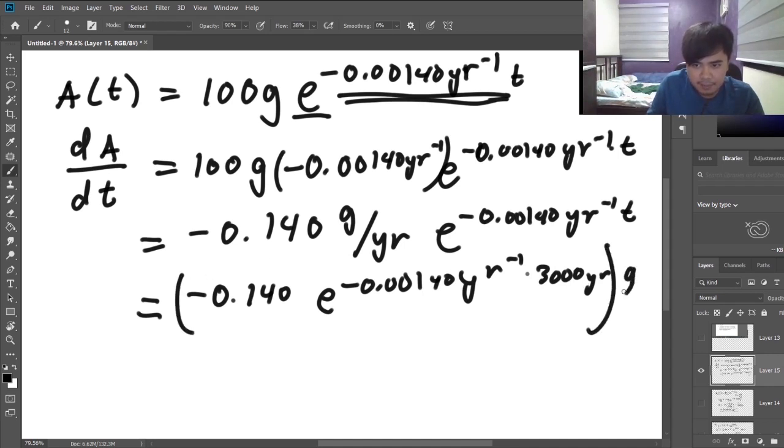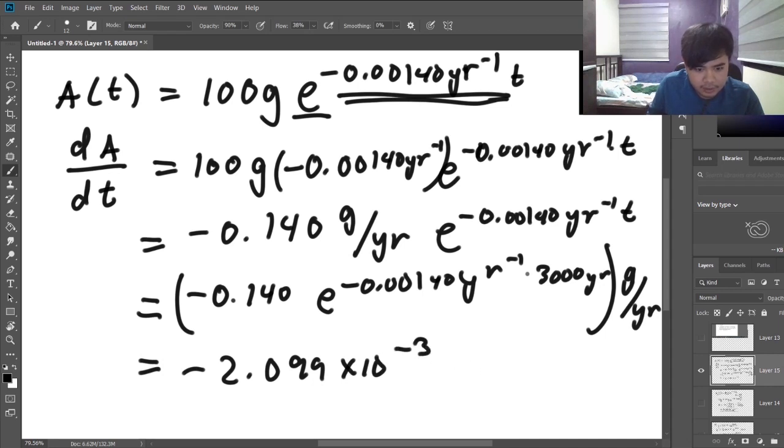And then gram per year. The answer is negative 2.099 times 10 to the negative 3 grams per year. So that means at the present moment, 2.099 times 10 to the negative 3 grams are lost from the radioactive material per year. And so that's the radioactive decay rate today, at the present moment.